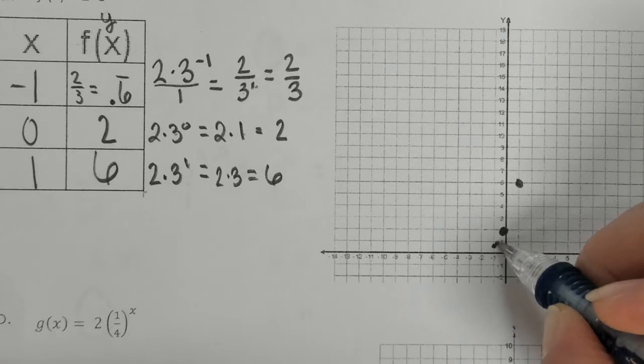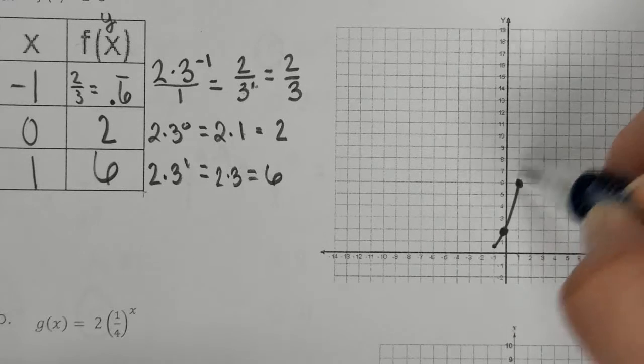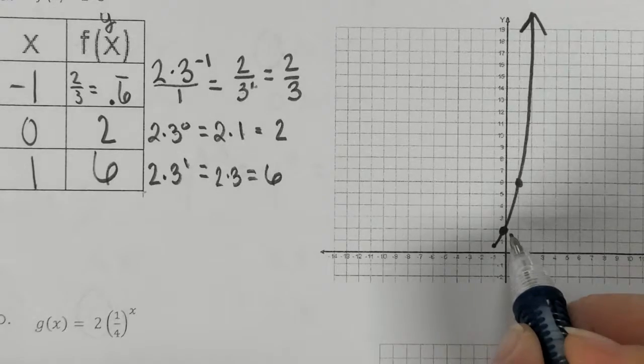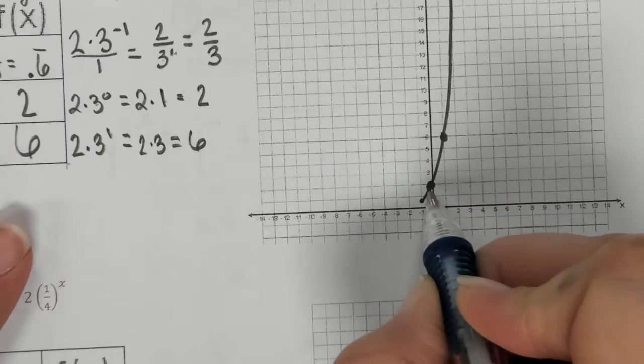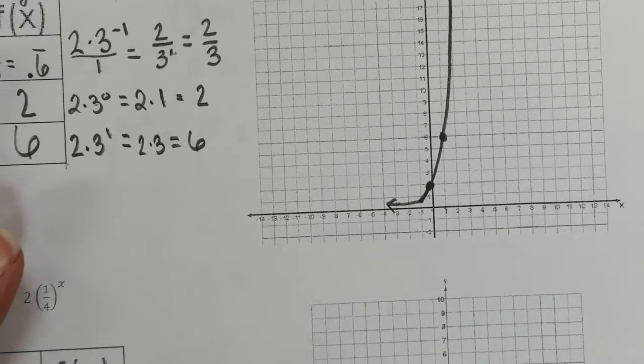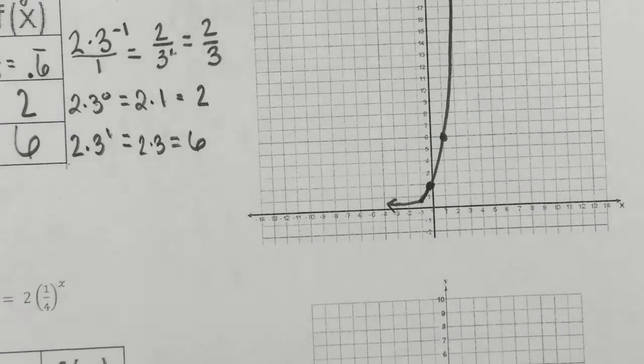And then we have to draw this curve. It's not going to be a straight line. And what happens is when it gets to x, it gets really close to x. It approaches x, but it never actually touches the x-axis.